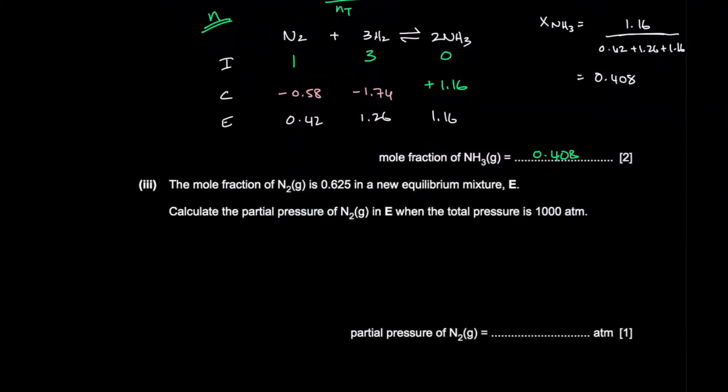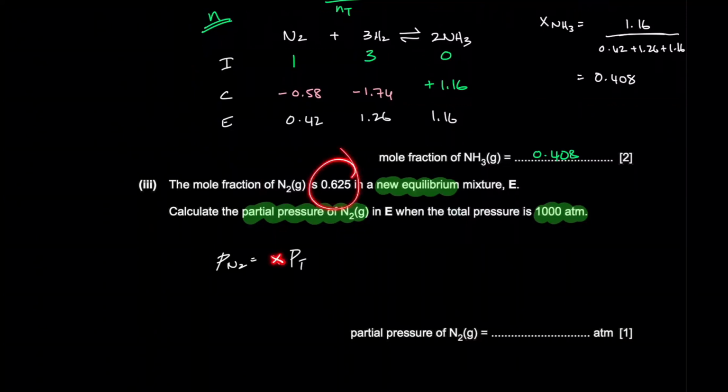The mole fraction of nitrogen gas is 0.625 in a new equilibrium mixture E. Calculate the partial pressure of nitrogen when the total pressure is 1,000 atmospheres. This one's also pretty straightforward. The partial pressure of a gas is the mole fraction times the total pressure. Okay. Again, X just stands for mole fraction.